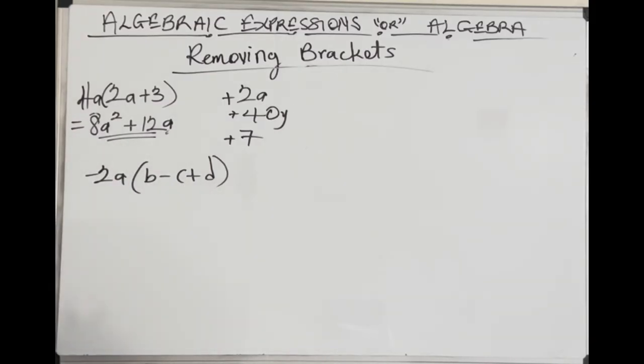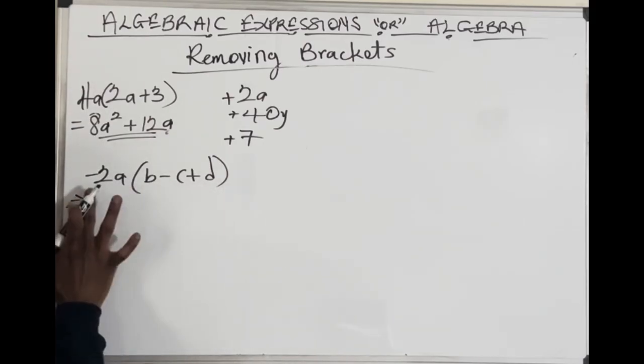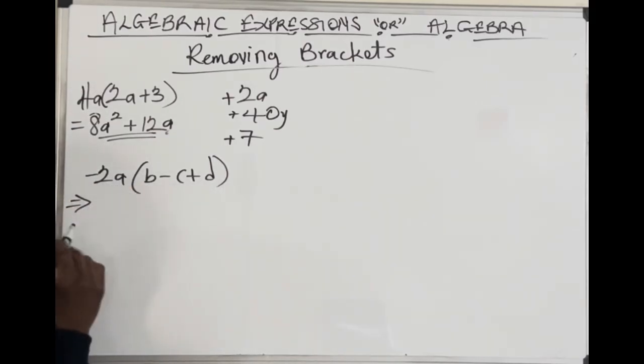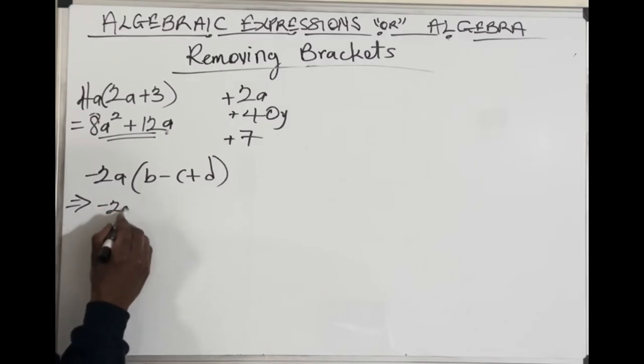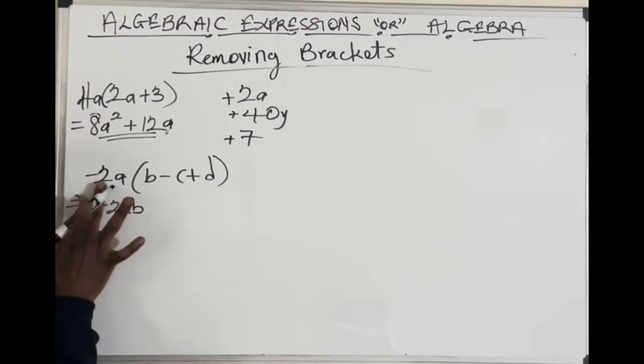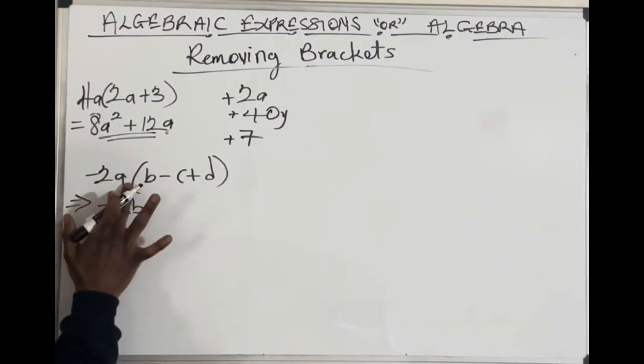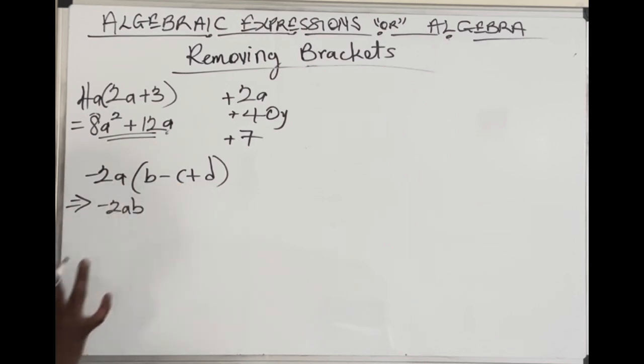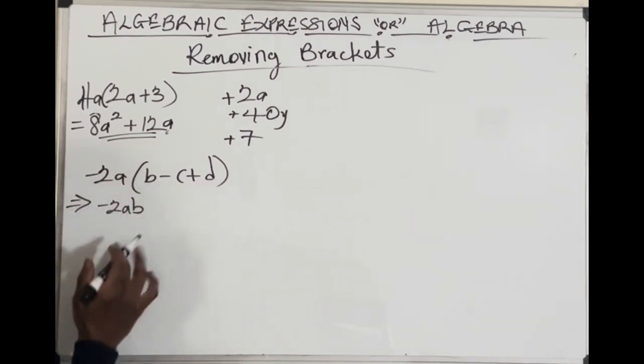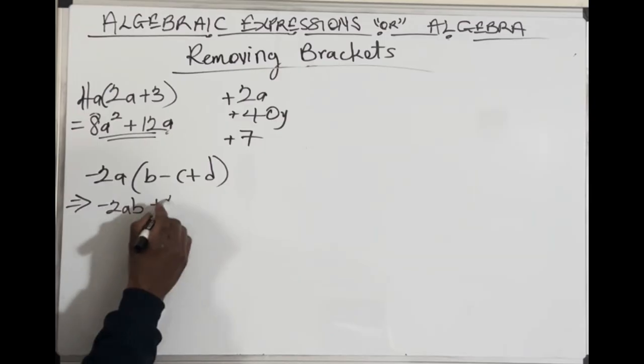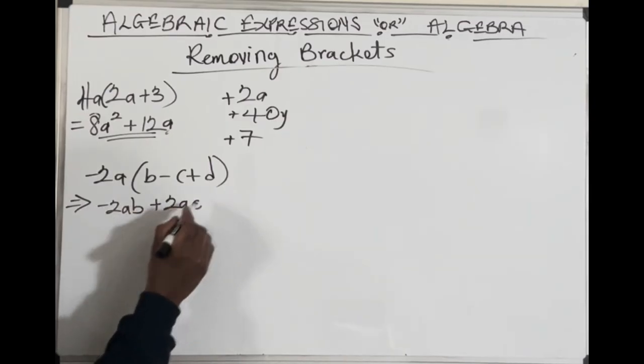So I'll explain. We are multiplying through. Negative 2a times b will give us what? Negative 2ab. Negative 2a times negative c. Negative, negative, positive. So positive 2ac.